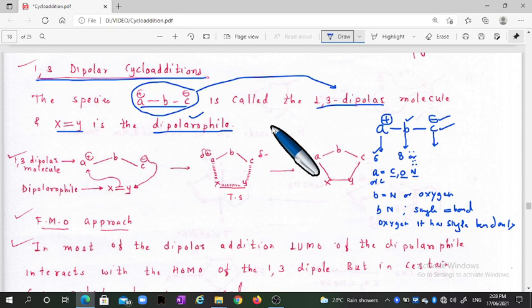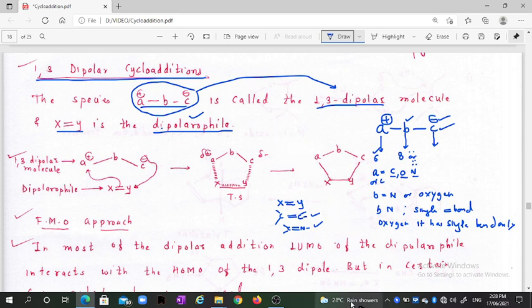If we discuss about the dipolarophile, we have shown X double bonded with Y. The bond may be C double bond C, or C double bond N, like that we consider as a dipolarophile.